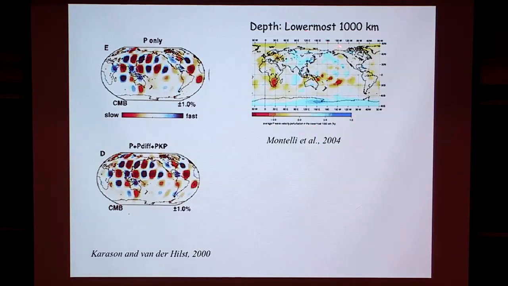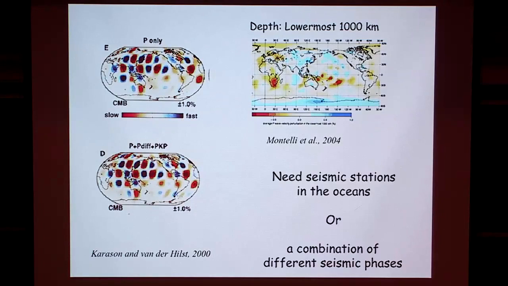It's an average over the lowest 100 kilometers, and the most interesting features happen to be in this region. I will not say that they're wrong, because in fact they may be shifted, but there are things going on. We know there are the superplumes there, the LLSVPs, but it is a problem to be using only P waves to do the tomography.